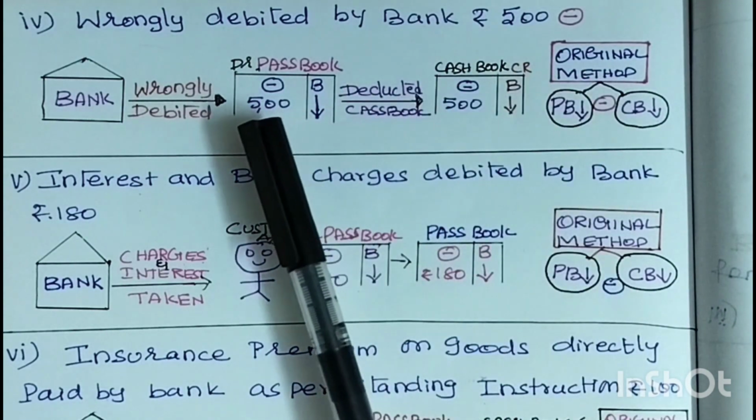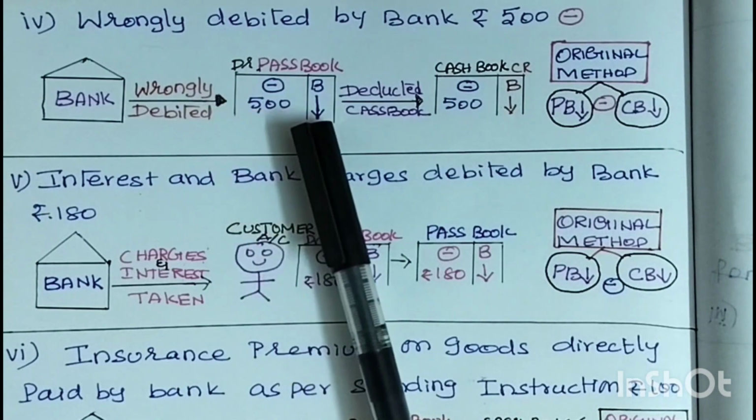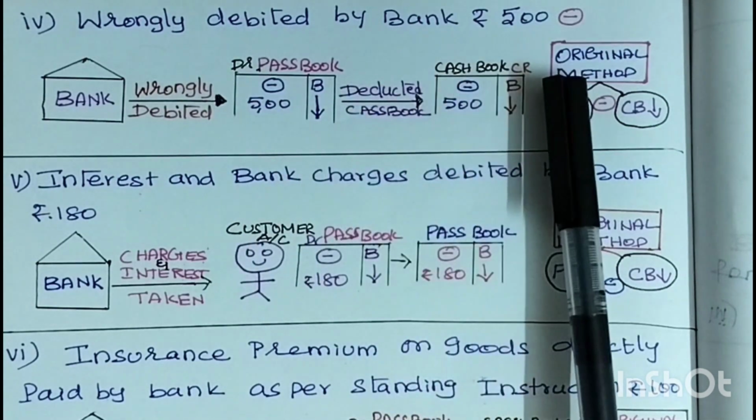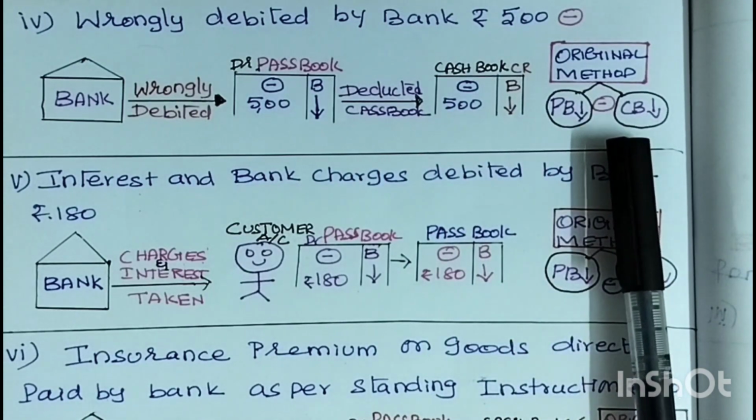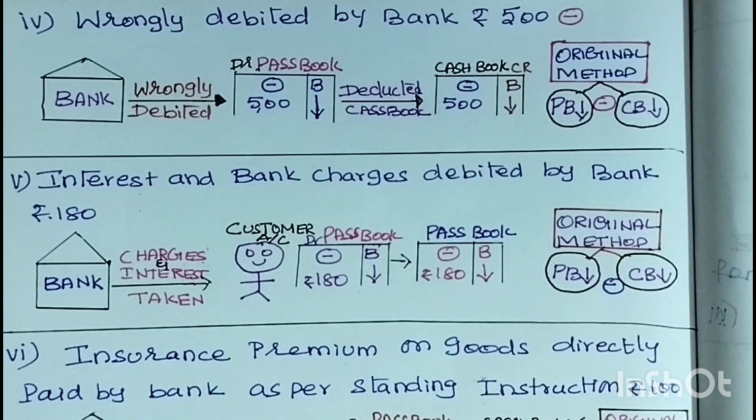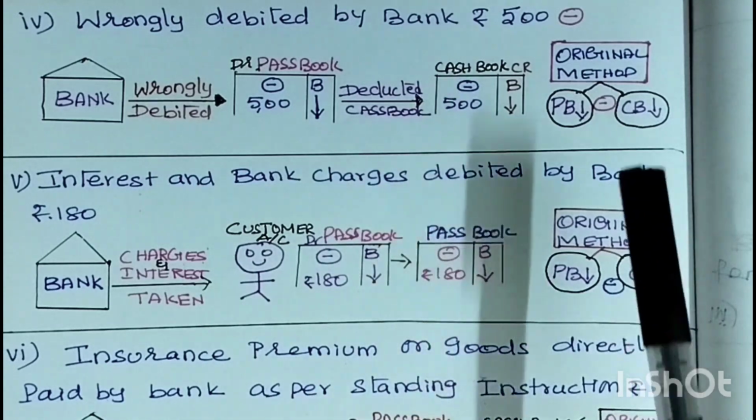If the passbook decreases as per the original method, the cash book also decreases. Then only the bank reconciliation shows the same balances on both books, that means in the cash book and the passbook. So for that we follow the original method.